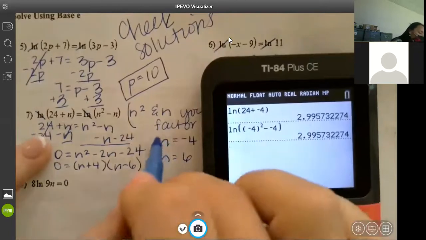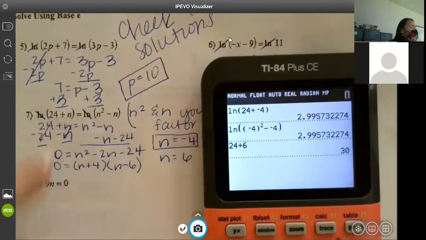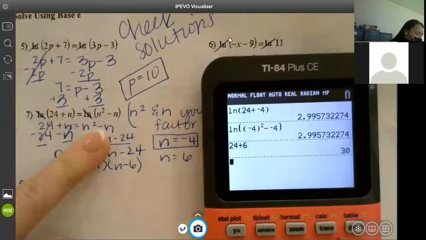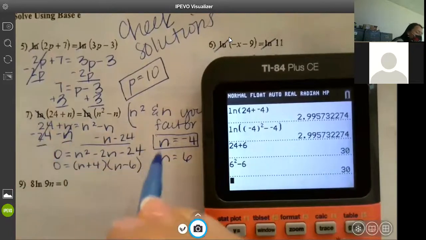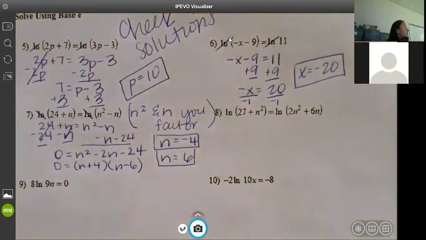So negative 4 works. And then try 6. You can even just plug them in regular, make sure it doesn't give you a negative or a 0. So that one is good. And then the next one is 6 squared minus 6, which gives me 30. So it's good as well. I know that it seems pointless when they both work, but when they don't, you don't want to get the wrong answer, okay?